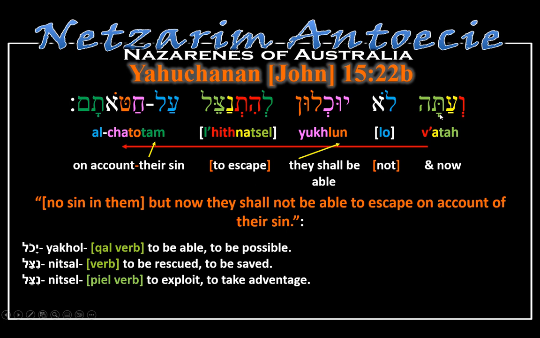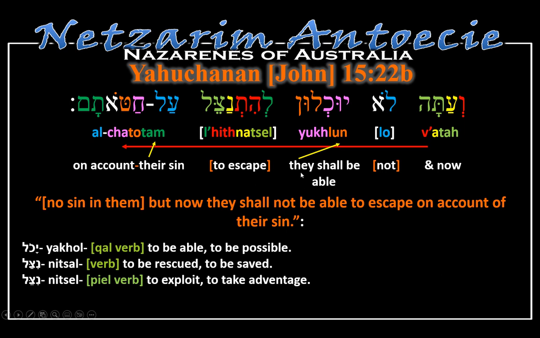Ve'ata, and now, lo, not, yukhlun, yukhlun. And we know that yukhal means to be able, right? So the yod's dropped off and changed to a vav, so we don't have two yods in a row.